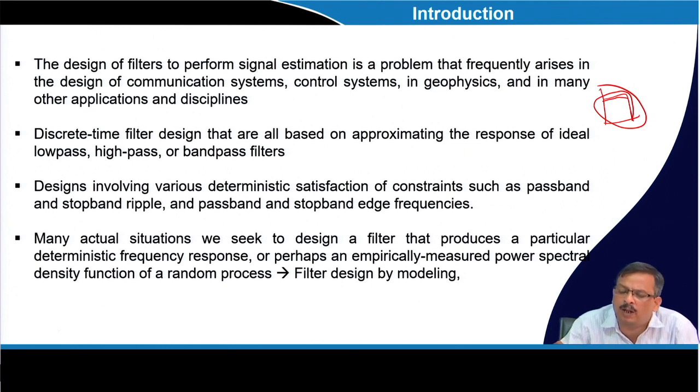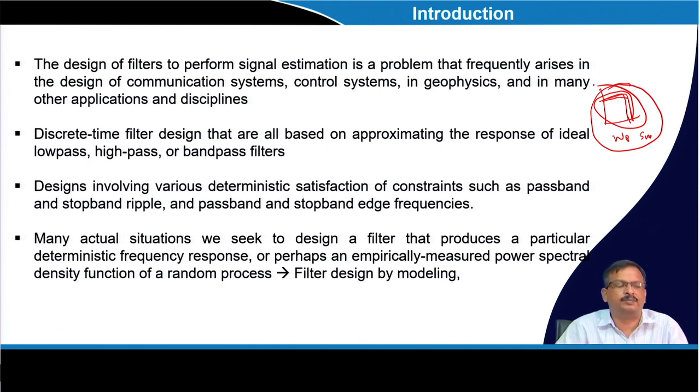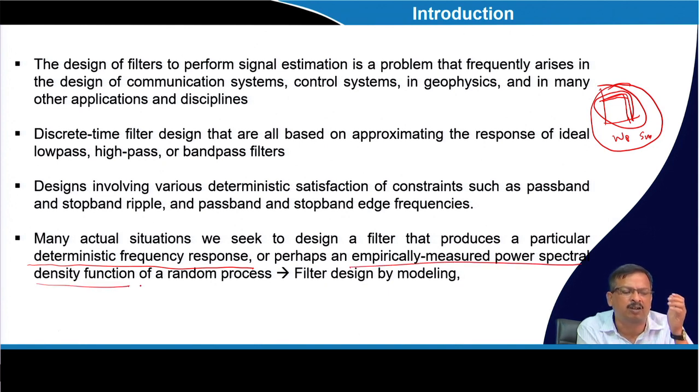So what does the design problem involve? This kind of design problem involves many constraints: the pass band edge frequency, stop band edge frequency, pass band ripple, stop band ripple, pass band attenuation, all kinds of design constraints. But in many applications, I require a filter that produces a particular deterministic frequency response, or perhaps empirically measures the power spectral density function of a random process.